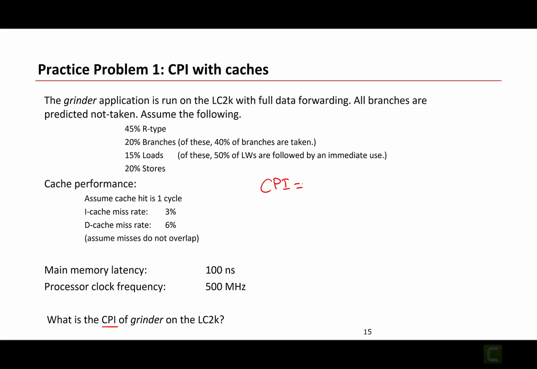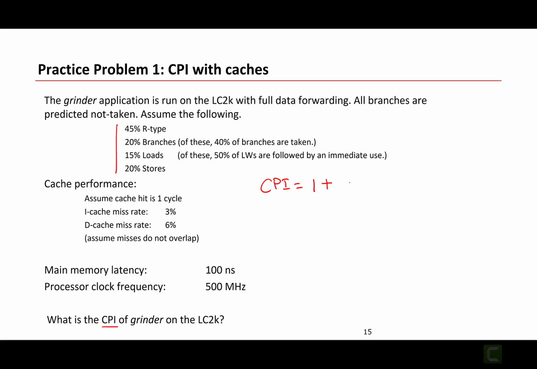In this example, we're given some information, so we can compute based on it what the CPI would be. It's a pipeline data path, and so the CPI is going to be 1 in the ideal case. But then we need to account for the different types of hazards that we will see.